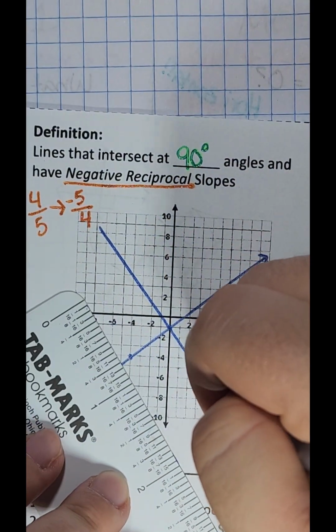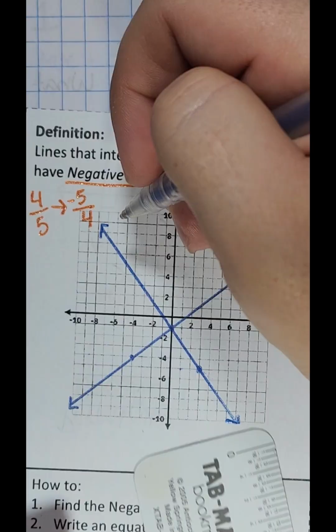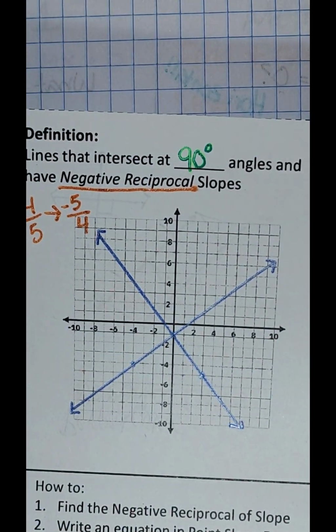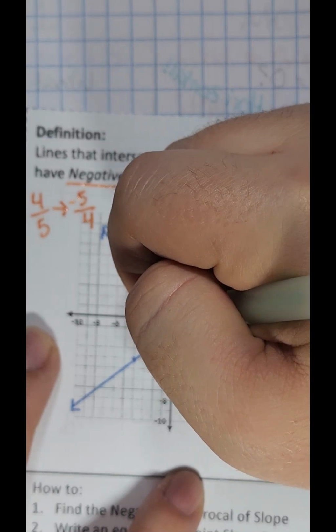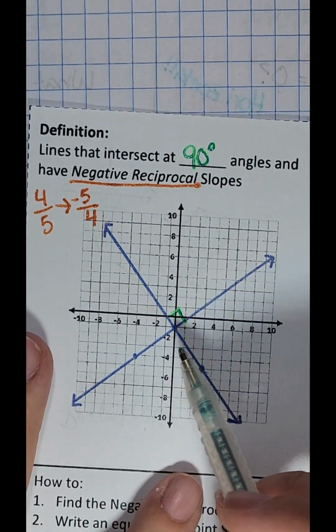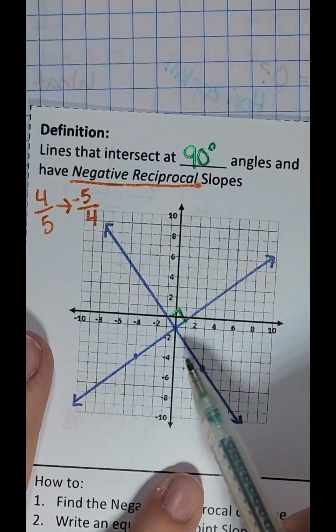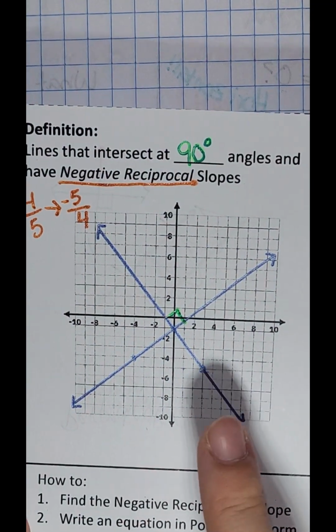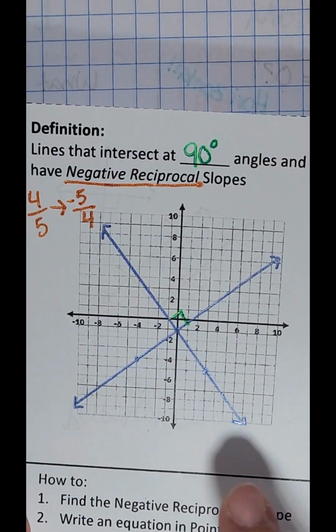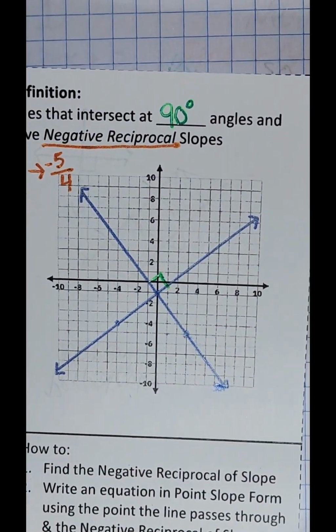And when I do, you should see that we end up with a 90-degree angle right here. So this 90-degree angle indicates that we have our two perpendicular lines. So now that we have our graphed example, this shows what those look like.